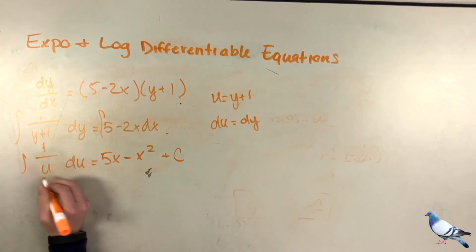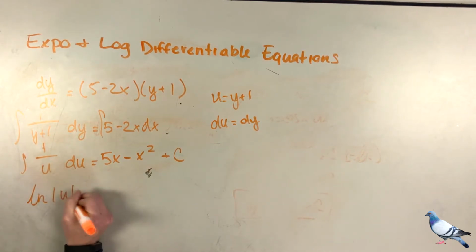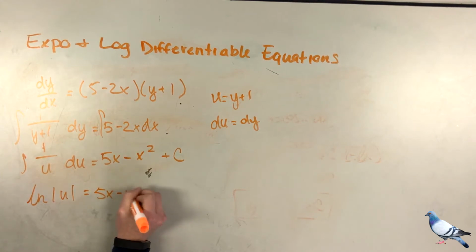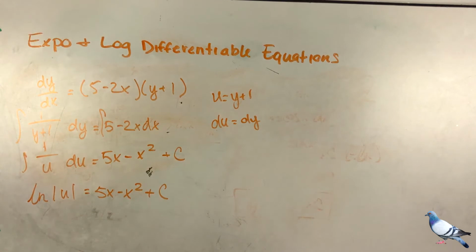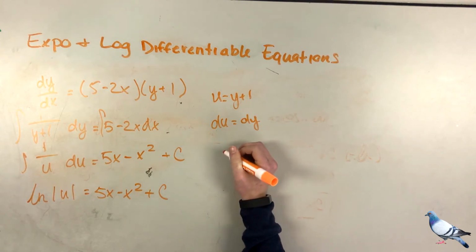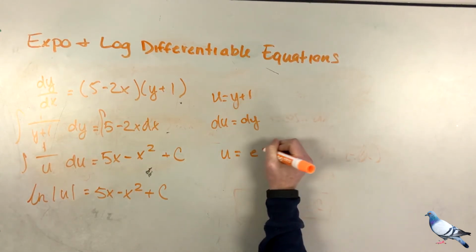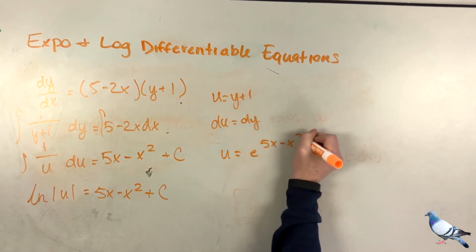Back to the left side, we take the integral of this, we should just have ln of u. Make sure you add this in absolute values, equal to 5x minus x squared plus c. Now at this point, we've got to get u by itself, so we're going to exponentiate both sides with e. So we should have u is equal to e^(5x - x^2).